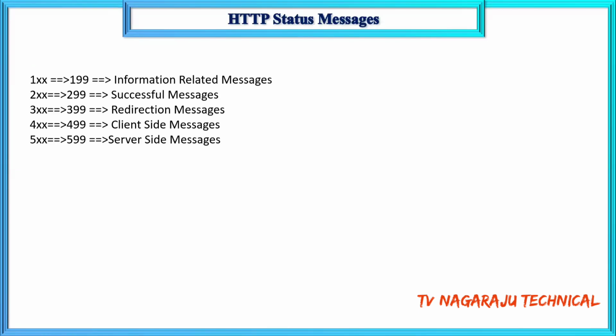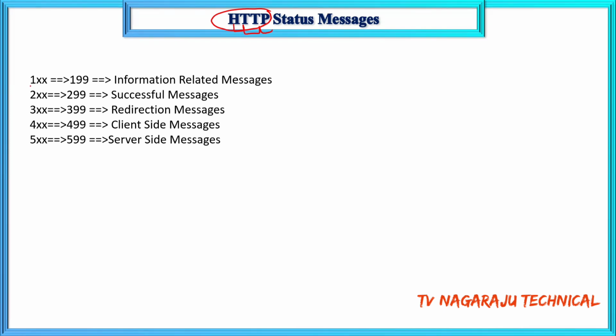Now finally, these get and post methods come under the method attribute, and HTTP, hypertext transfer protocol. While sending the data to the server, it may send different types of messages.